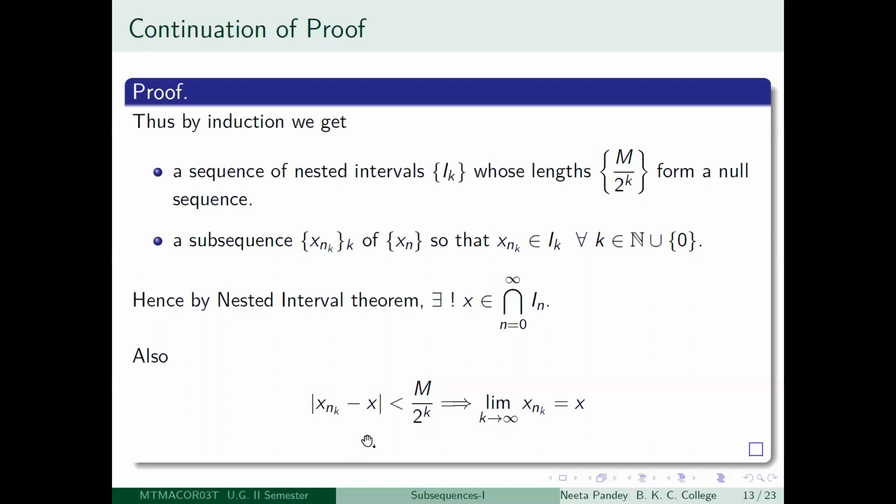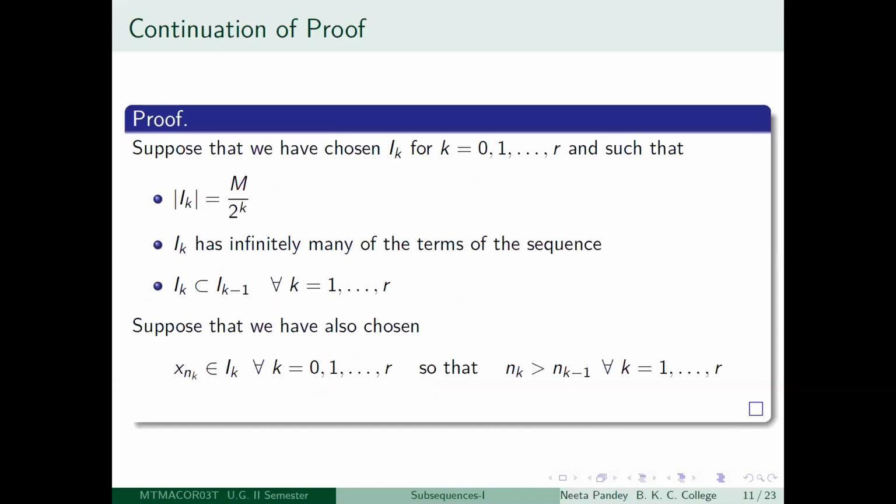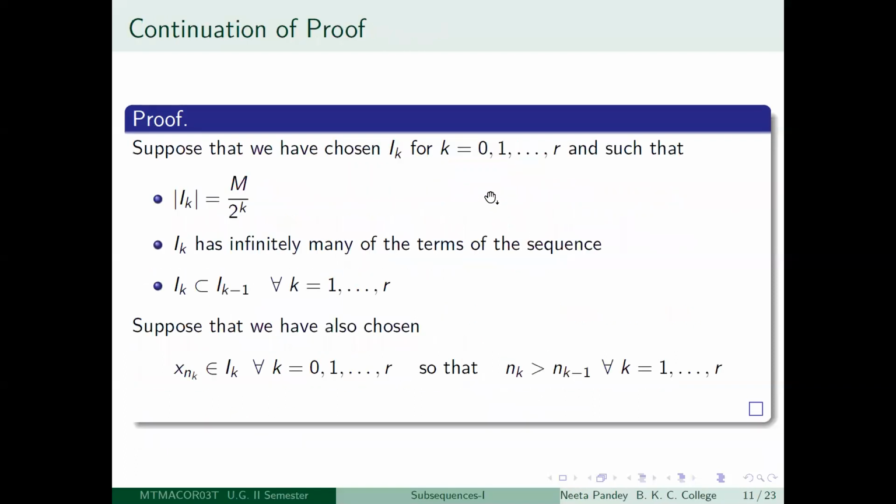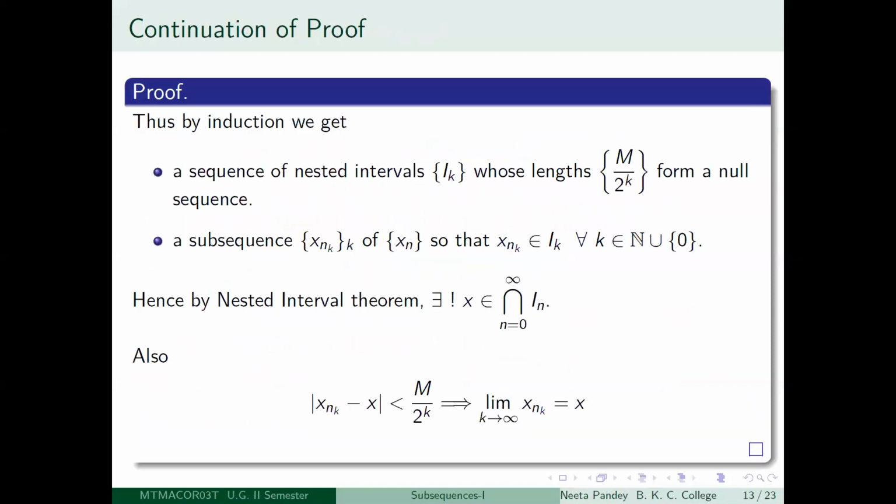That the limit as k tends to infinity of x_{n_k} is equal to x. So after some deliberations, what have you proved? You have proved that if you had a bounded sequence in R, then it will always have a convergent subsequence. This is what you have proved, and it is called the Bolzano-Weierstrass theorem.